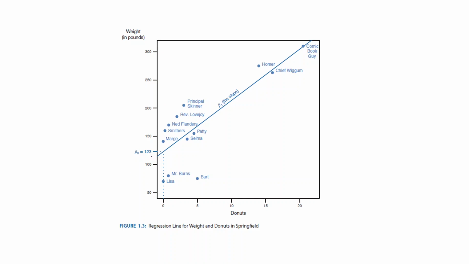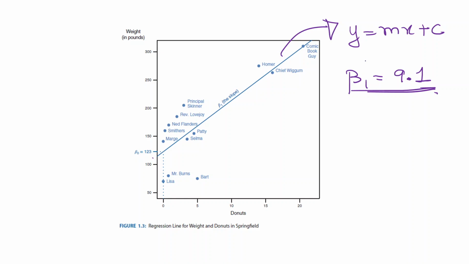The equation of a straight line is of the form y equals mx plus c, where m is the slope and c is the intercept. So the intercept here is beta naught, which is 123, and the slope is around 9.1.